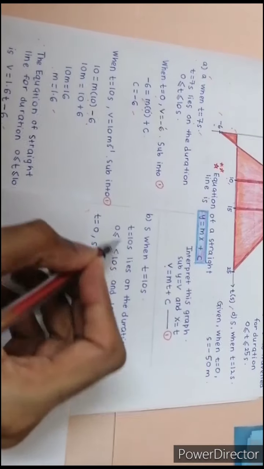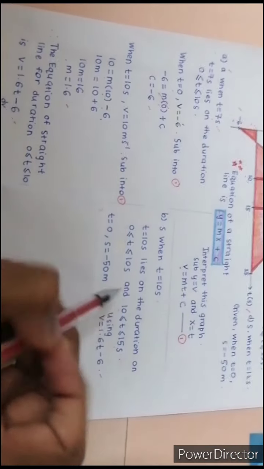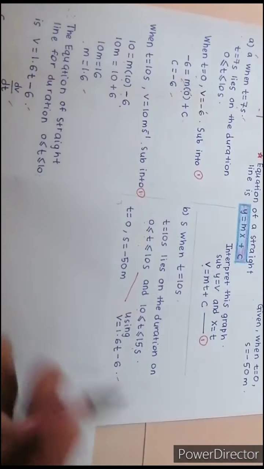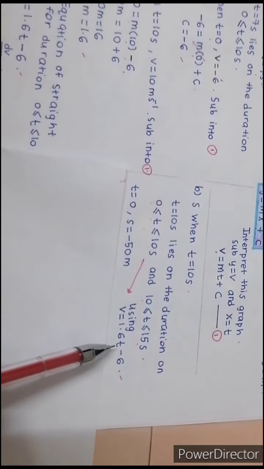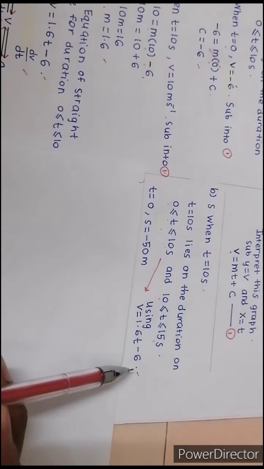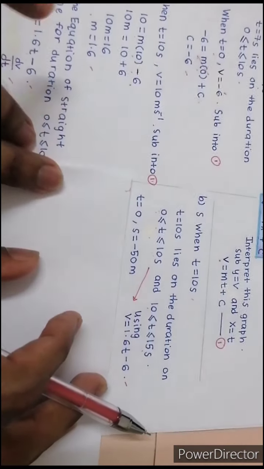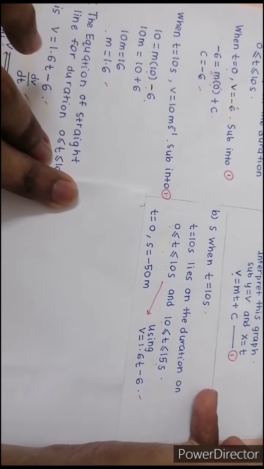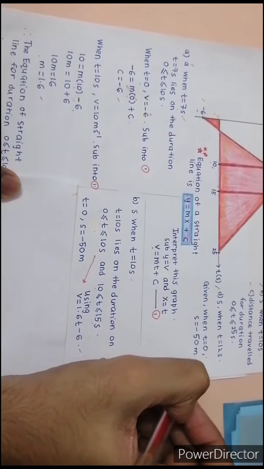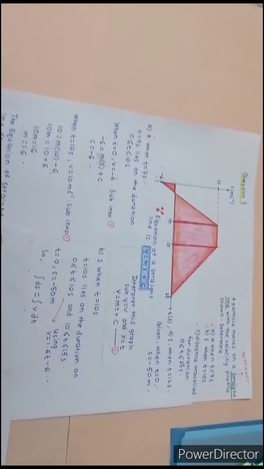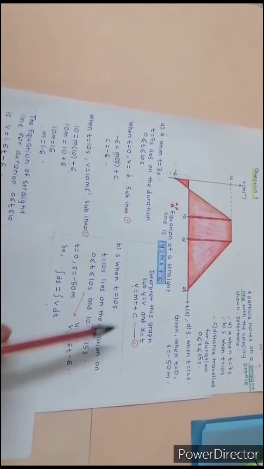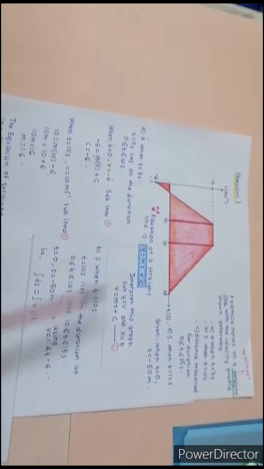So I choose 0 to 10 seconds, using v equals 1.6t minus 6. It is also given that when t equals 0, s equals negative 50 meters. This is taken into consideration. So we need to find displacement, and we have the velocity.